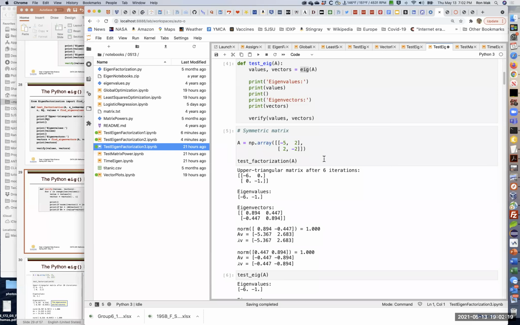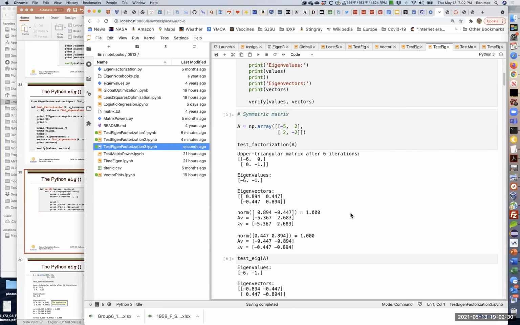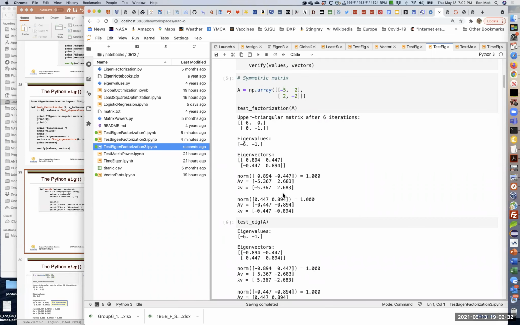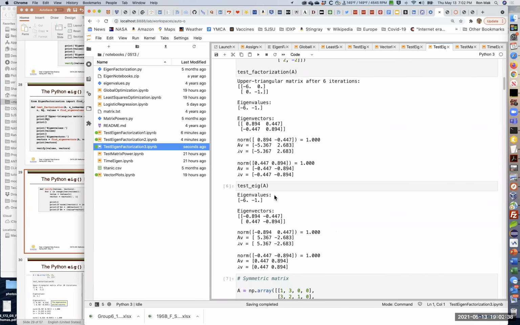Here's the diagonal, and you see there's a 2 and a 2 on both sides. Here I am doing it the hard way, and we get these normalized eigenvectors, and here I am calling EIG, and we should be getting the same.